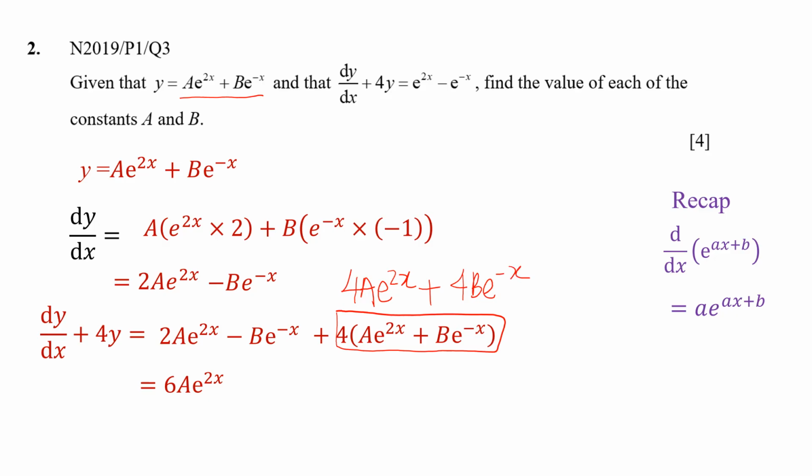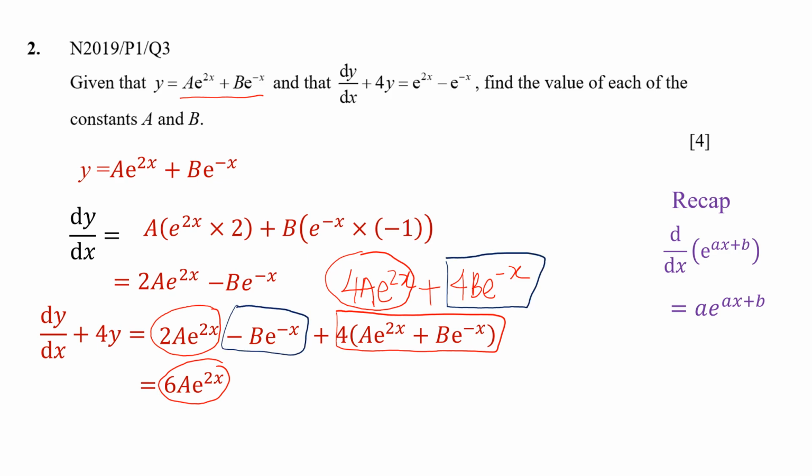So we're just going to take this plus this. That's how I ended up with 6a e to the power of 2x. And you can see that we can simplify it further. This one with this will give us 3b e to the power of negative x.